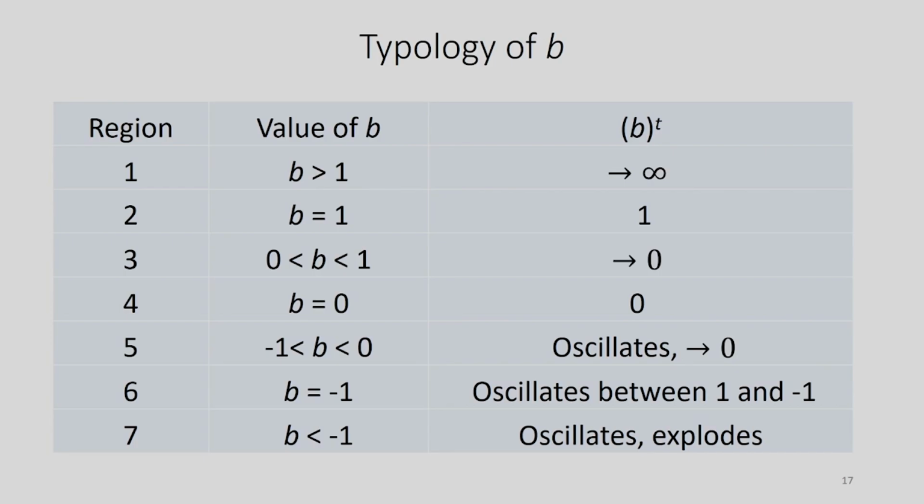So, b can be greater than 1. So, think about a straight line, the real number line. Here you have plus 1, here you have minus 1, plus infinity, minus infinity. So, value of b can be here, right, more than 1.